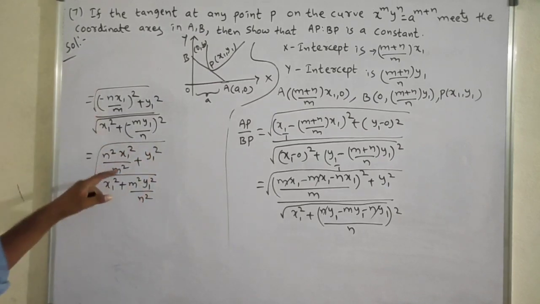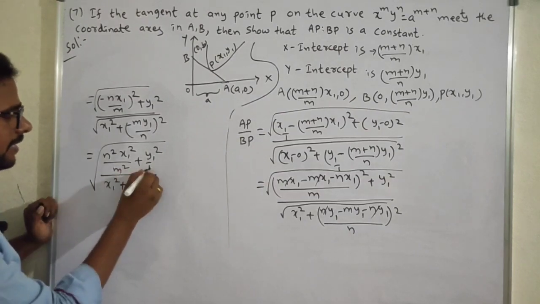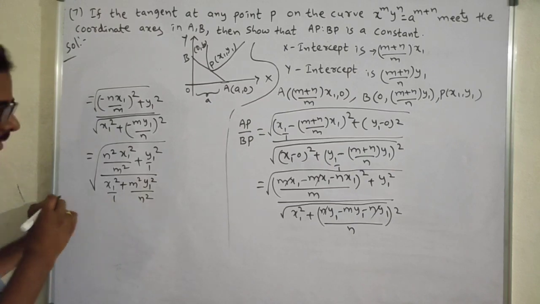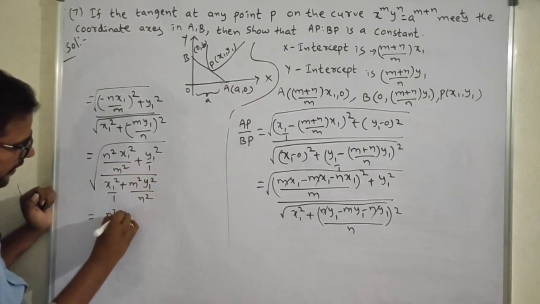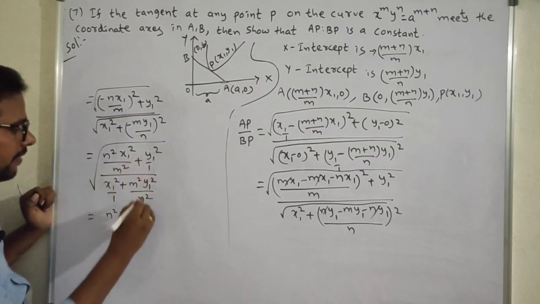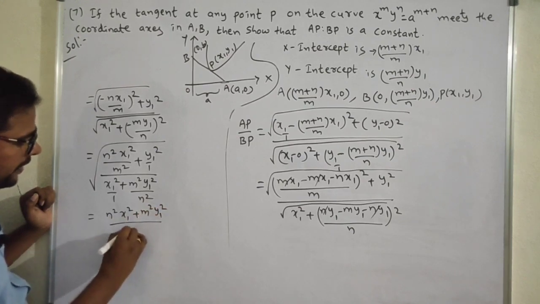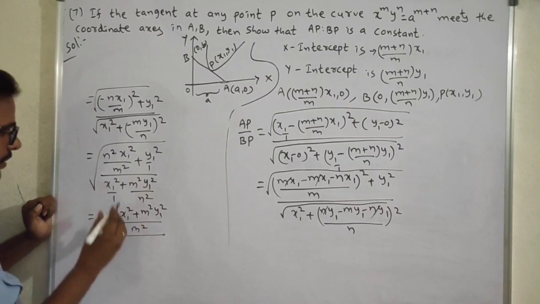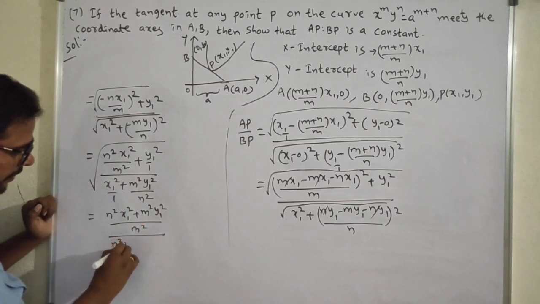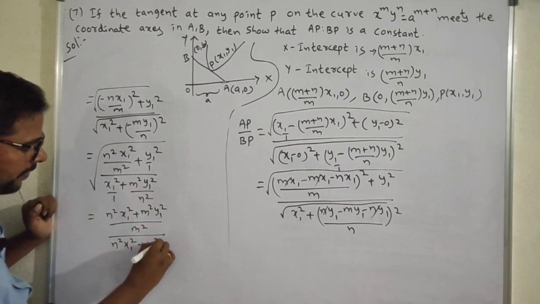Here the LCM of m square and 1 is m square, and here the LCM is n square. So multiply with m square: n square x1 square plus m square y1 square, divided by m square, whole divided by n square: n square into x1 square plus m square y1 square, by n square.